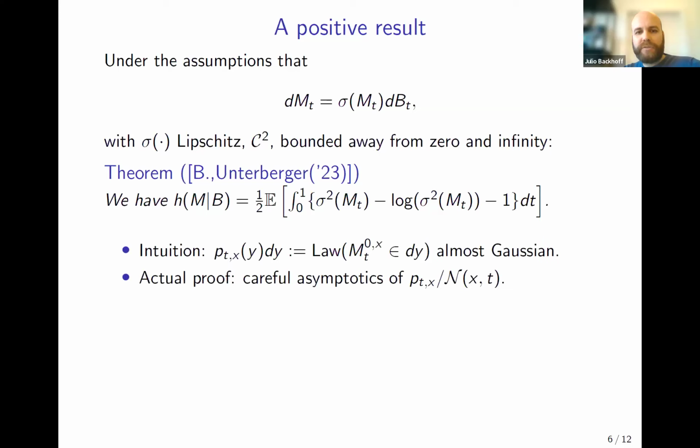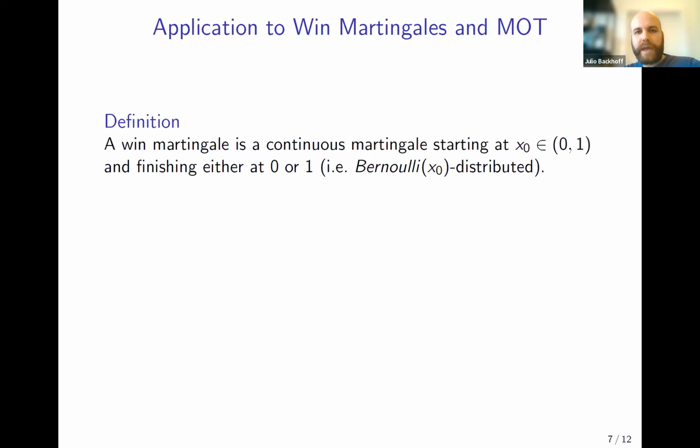Okay, so I proceed to the application. The application refers to Wind martingales, and here's the definition. Let's say in dimension 1 first, it's a continuous martingale, I will assume with absolutely continuous quadratic variation, which at time 0 starts at the deterministic position x0 in the interval 0 to 1.